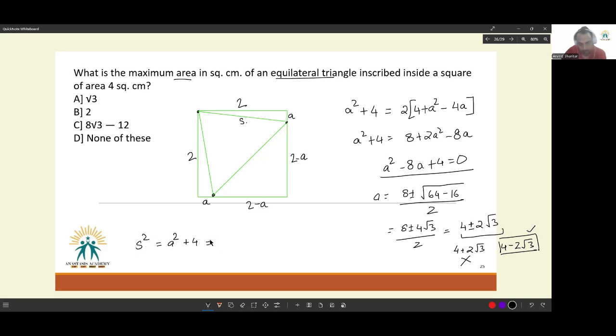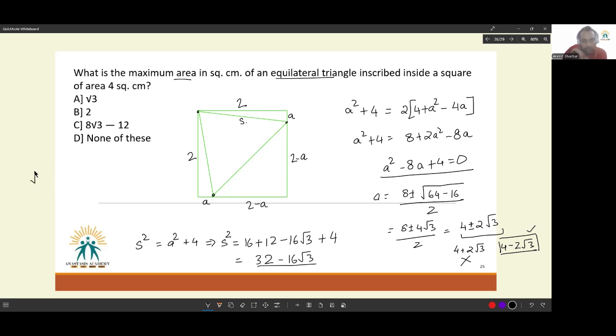This will give me side square is equal to the square of this, which will be 16 plus 4 into 3, 12, minus 8, 2 into 4, 16 root 3, minus 16 root 3, and finally plus 4 again, which gets me to a total of 32 minus 16 root 3. This is side square.